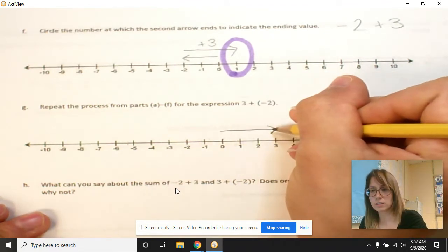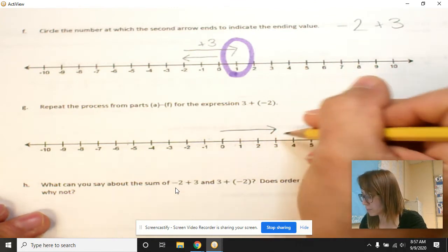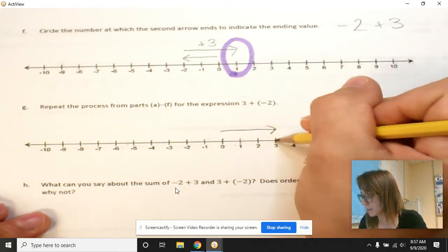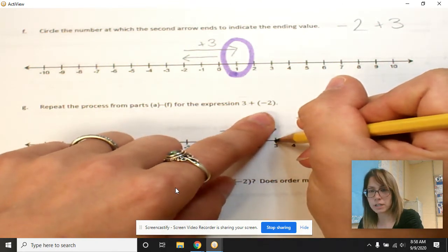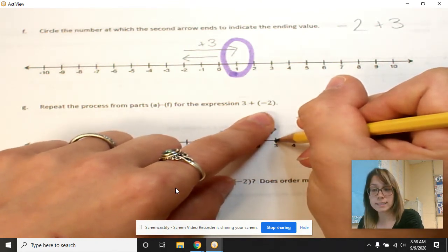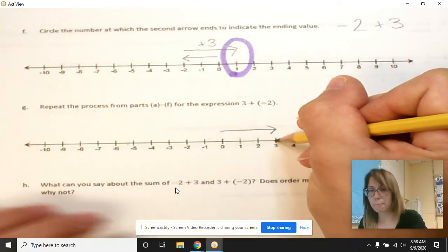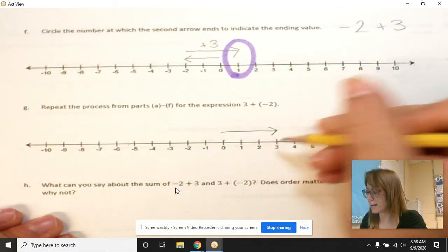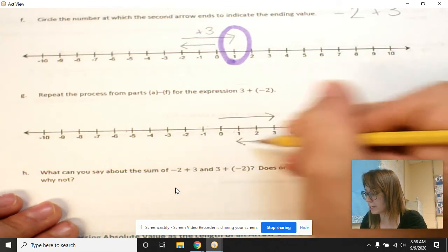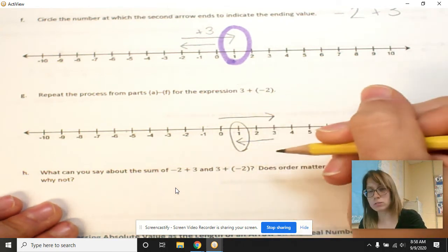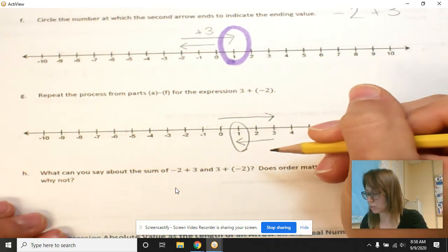It's showing movement in space. And I stop at 3. Now I need to add the -2. So which direction am I going to go on my number line to add that -2? That's right, I have to go to the left. So 1, 2. And this time I stop on +1 also.